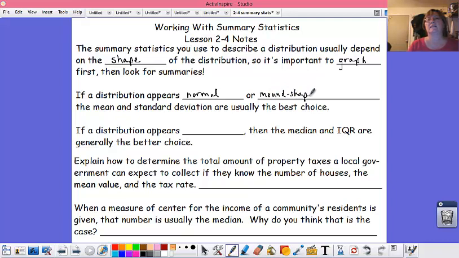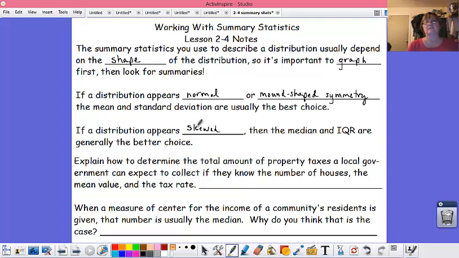It may not exactly be normal, but as long as it's got the symmetry and is high in the middle, that means that the mean and the standard deviation are usually the best choice. If a distribution appears to be skewed, then what we said is the median and the IQR are the better choice for center and spread.